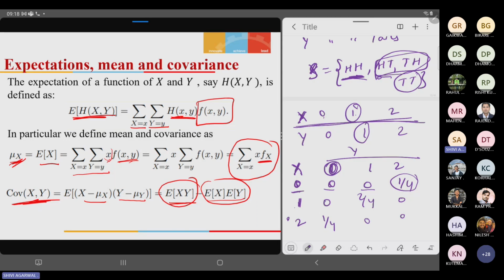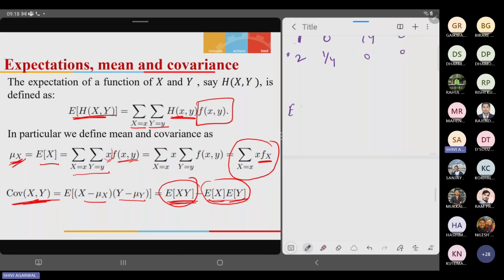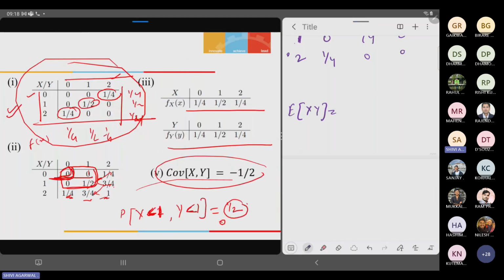You can calculate expected value of x, you can calculate expected value of y, you can calculate the expected value of xy. So how can you calculate the expected value of xy? Can you tell me in this one? So this is the joint table. So we can say here, it is summation for all x, for all y, x into y into fxy.